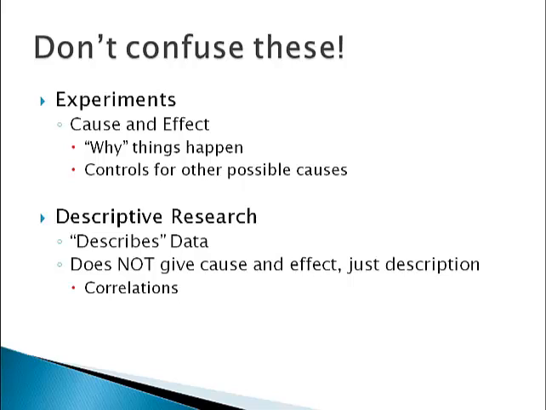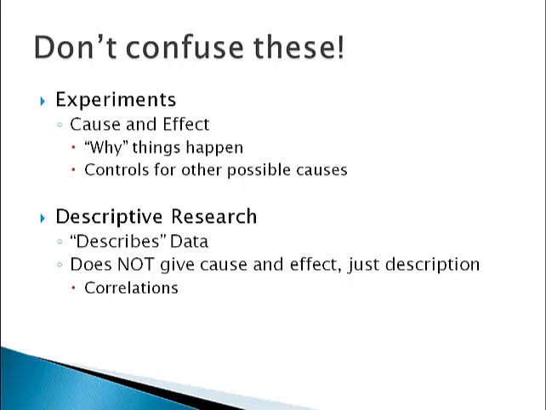In order to be able to tell that A causes B, you have to run an experiment. And sometimes, quite frankly, you can't tell from reading on the internet whether or not it was descriptive research or an experiment. Sometimes you got to go look it up yourself and see if they controlled for all of those variables. Because in order to have cause and effect, you have to control for everything else that might cause. If you don't control for everything else that might cause, you have descriptive research, not an experiment.